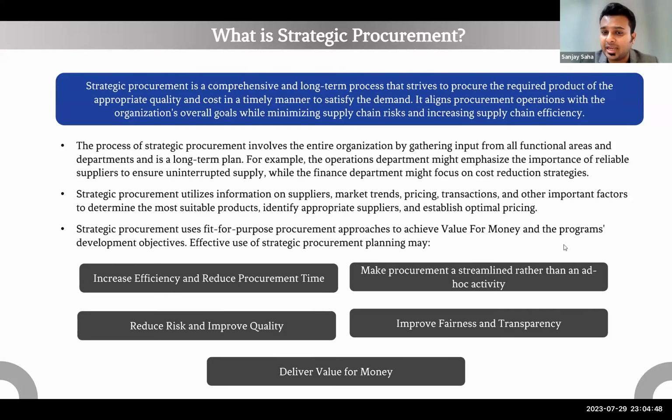Then you need information on pricing as well, of course. From suppliers, you also get information as to what volume of products they can deliver at one go, or the minimum quantity of products they need to process any order. Okay.